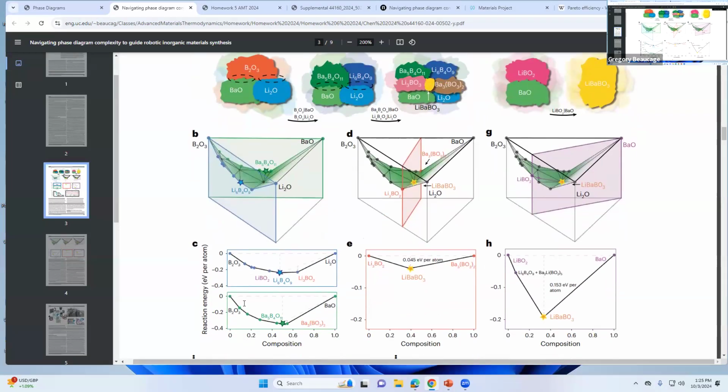And then you can pick anywhere along that to mix two to get to the final ternary thing that you want. One pathway would be this orange one, which is a bad pathway because there's not a big drop in energy. And the other pathway is this purple one where it's perfect because it has a huge drop in energy. So that's what the things are there.